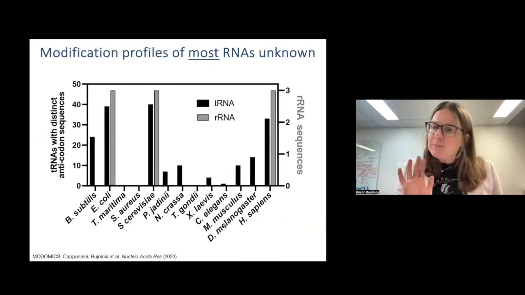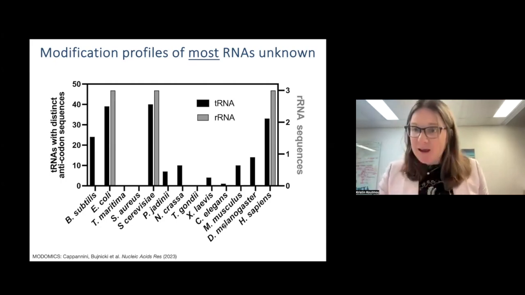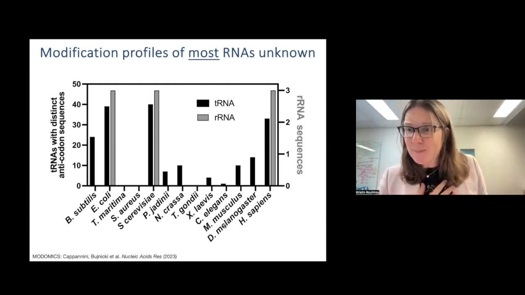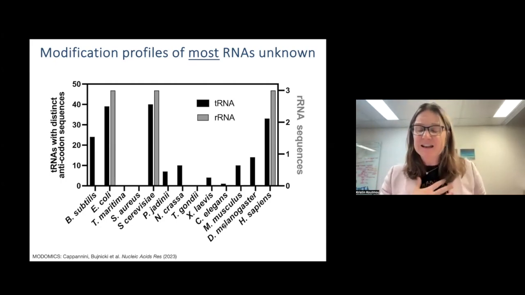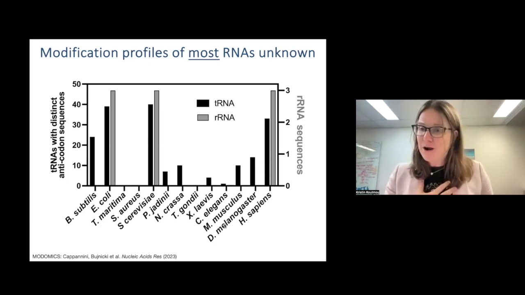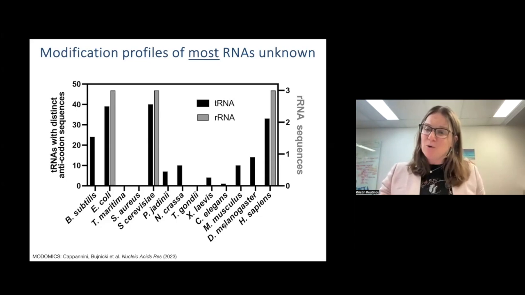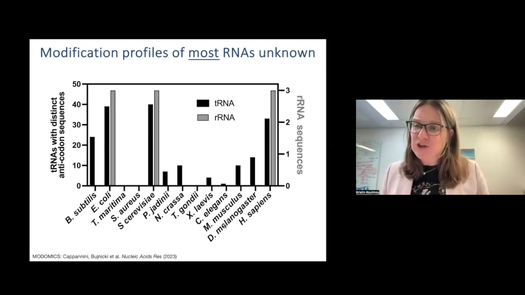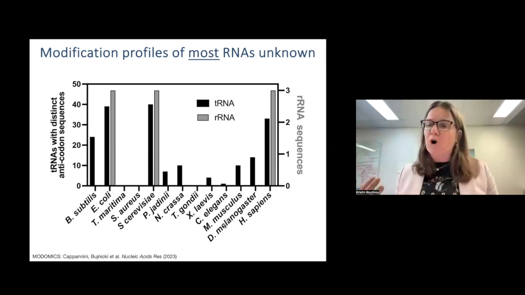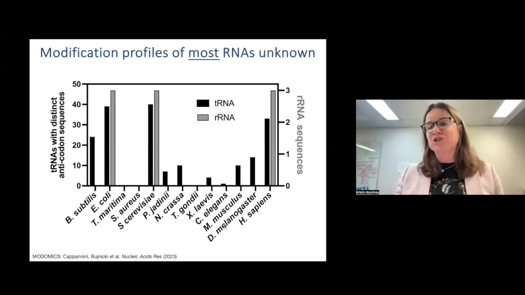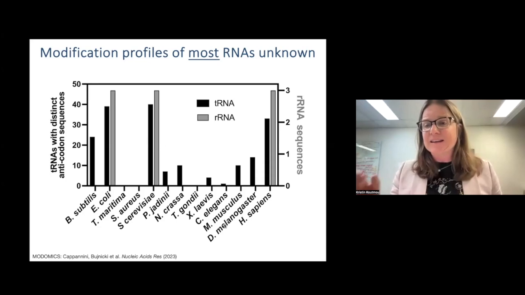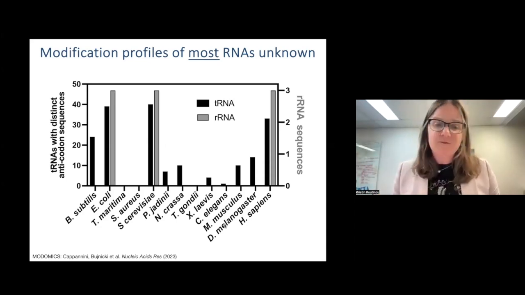I think really emblematic of this was something that shocked me when I, as a long-term RNA biologist, went into Modomics and counted the number of tRNA molecules and rRNA molecules in different organisms where we knew exactly where their sites of modification were, not just the overall smattering of modifications that are possible in those organisms, but precisely where they are, and they've been mapped.